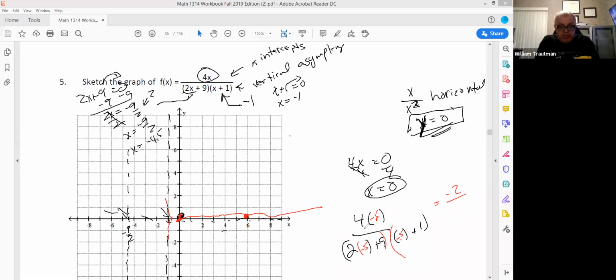And on the bottom, I get -1 plus 9, no wait, -10 plus 1, which is -1, and then I get a -0.5. -2 divided by 0.5, we end up with a -4. So at -1/2, we go down to -4.